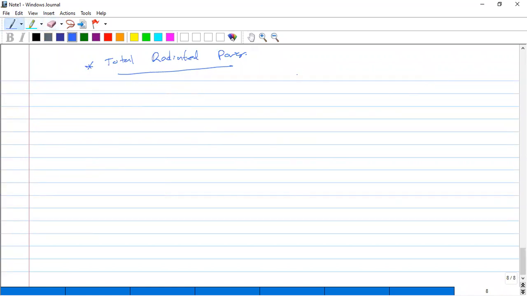Again, we will consider the rectangular coordinate Z, Y, X. So this is a rectangular coordinate, and you are going to find this average at this point.